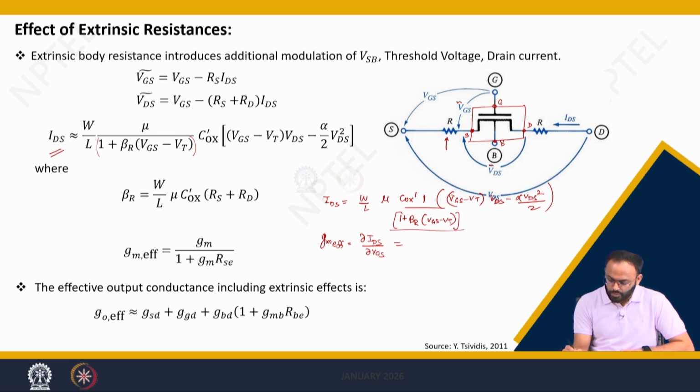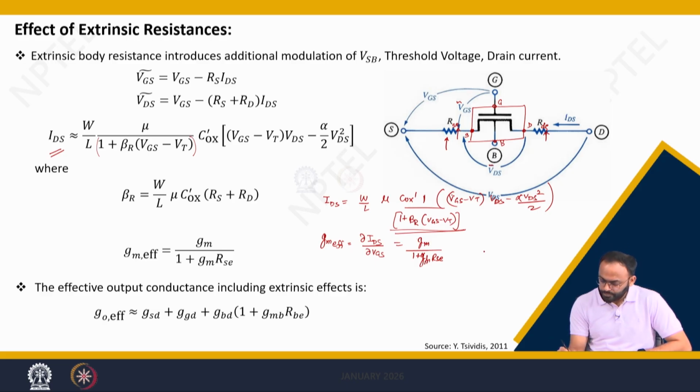Now, you have to include this parameter, which is also a Vgs dependent function. This will give you Gm divided by 1 plus Gm into RSE, where the E stands for external, RDE being external resistances.